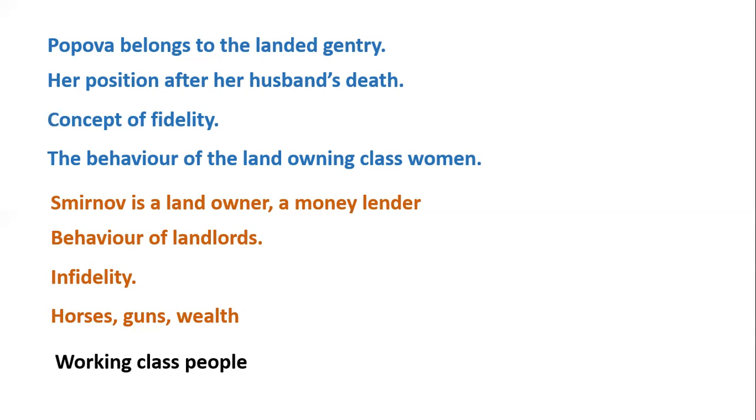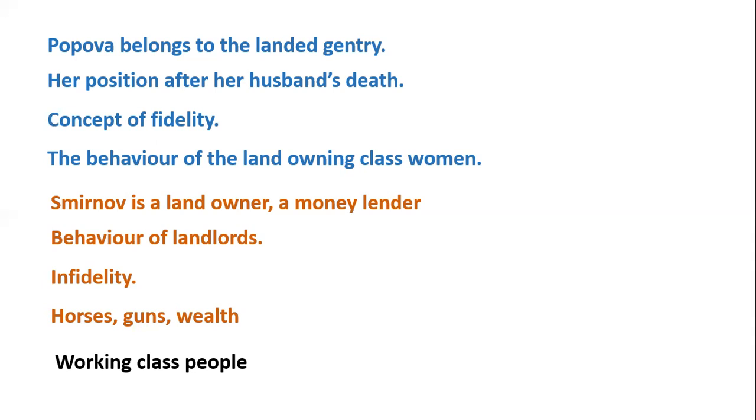Smirnov is boasting here, and he shows his power to enjoy life. There he establishes the idea that he has associated with a large number of women, especially upper class fashionable women in the 19th century. So those are the examples that we can take to highlight their society, that means 19th century landowning society.